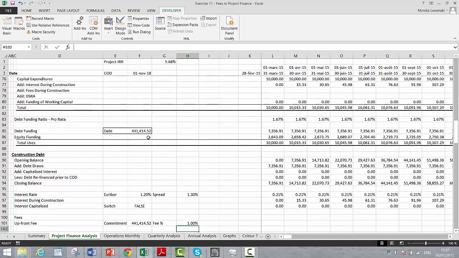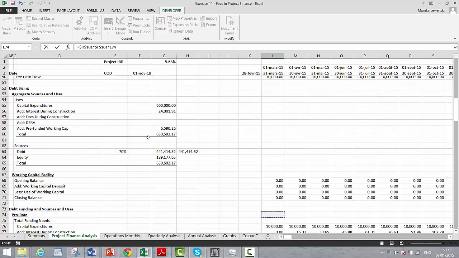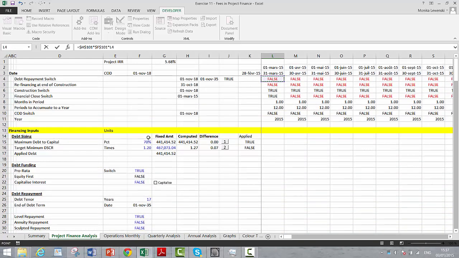This is almost too simple to do, but we just press F4 on this fee, multiply this by the amount of our debt commitment, and multiply that by our switch for the financial close.